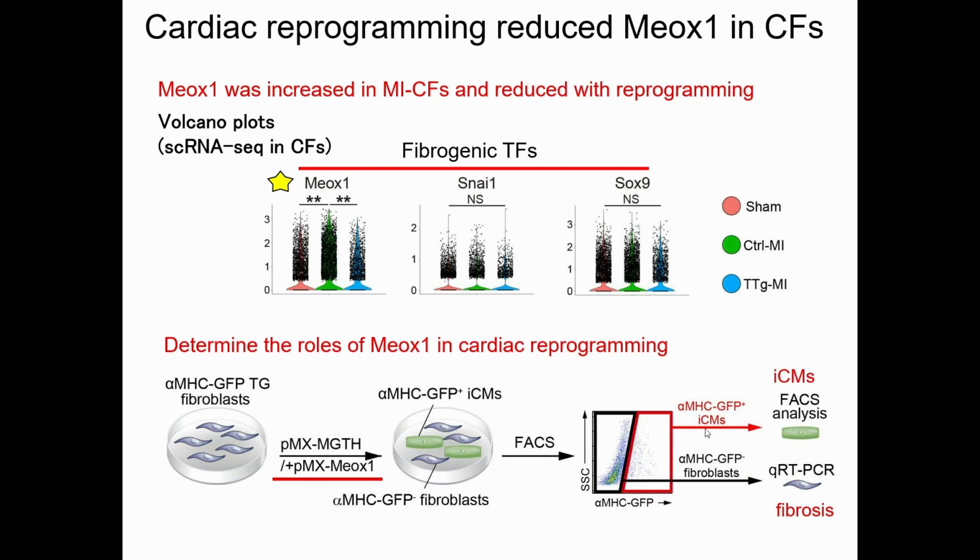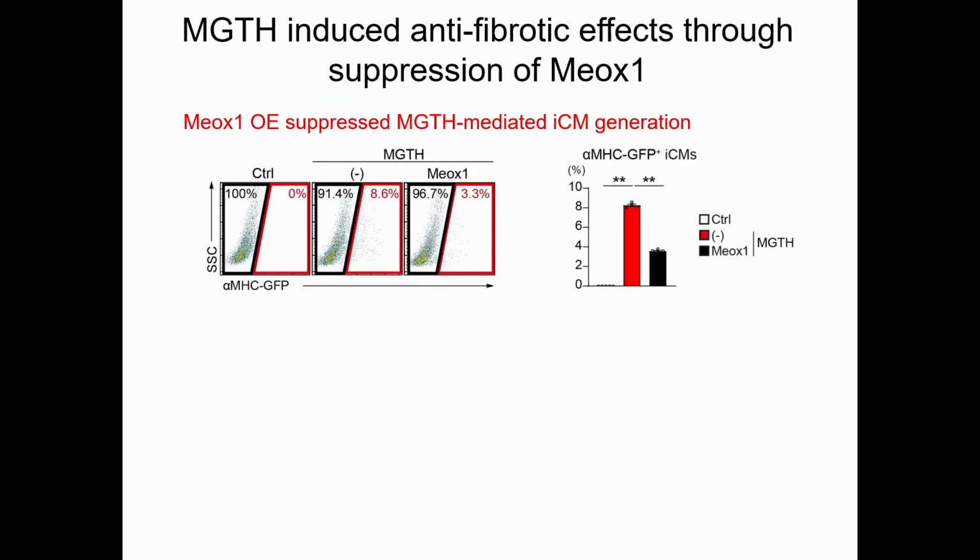We analyzed cardiac induction by FACS using alpha-MHC GFP expression, and we also analyzed fibroblast state by sorting alpha-MHC GFP negative fibroblasts and doing qRT-PCR analysis to investigate the fibroblast state in the cells.